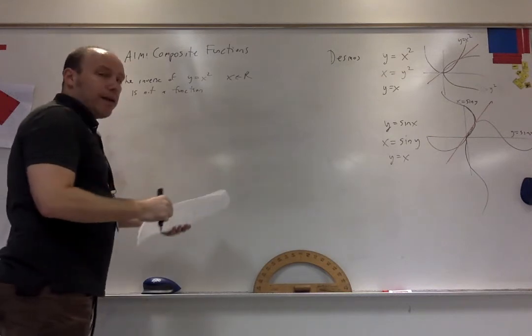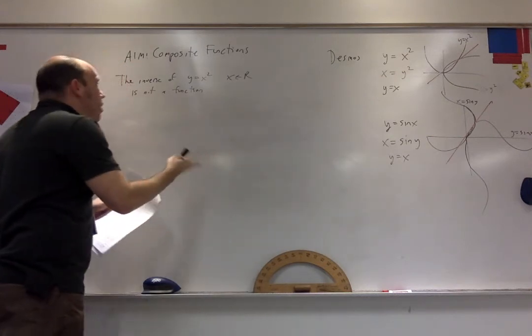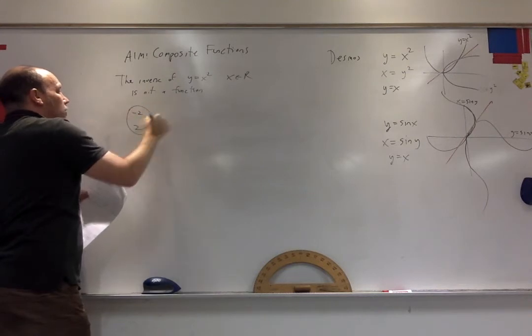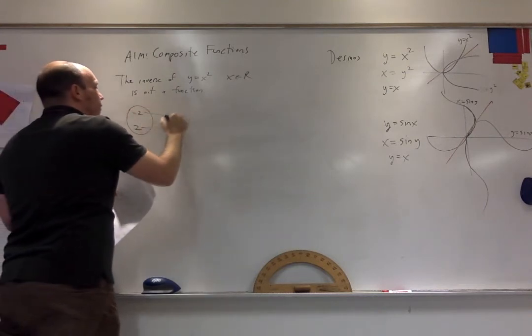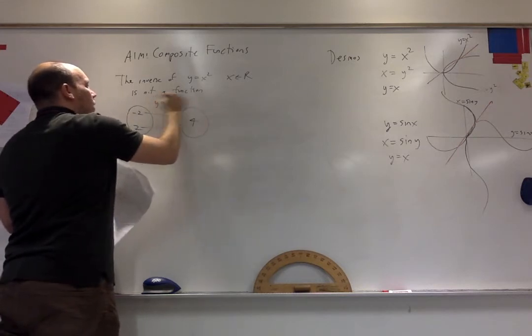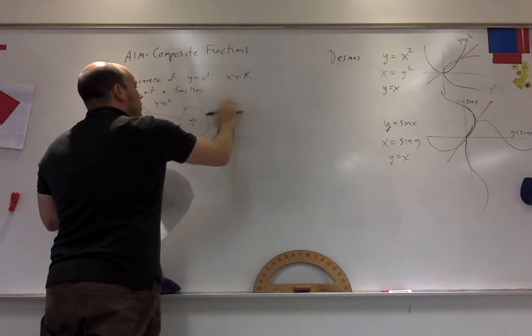Let's visually take a look at that. Let's see what the problem is. For example, I see that -2 and +2 both go to 4. Well, where's the inverse taking 4 back to?